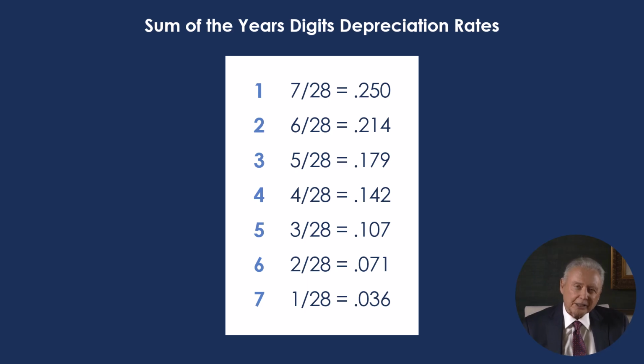By year 7, it's 1 divided by 28, or 0.036. We've divided by our sum of the year's digits, 28, and allocated depreciation accordingly. Notice, year 1 depreciation is 25%, and year 7 is just 3.6%.